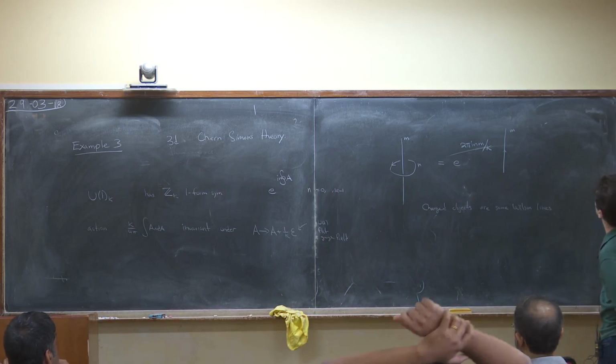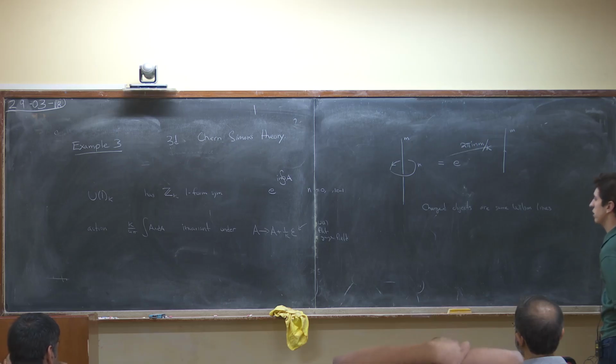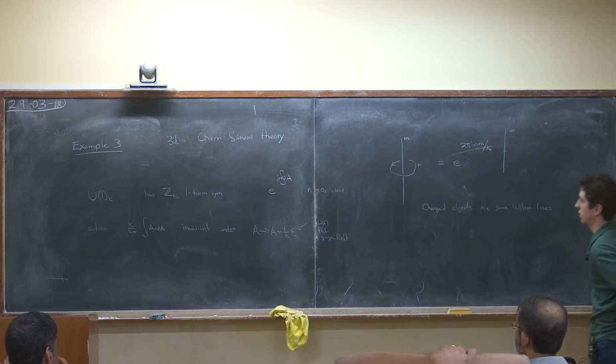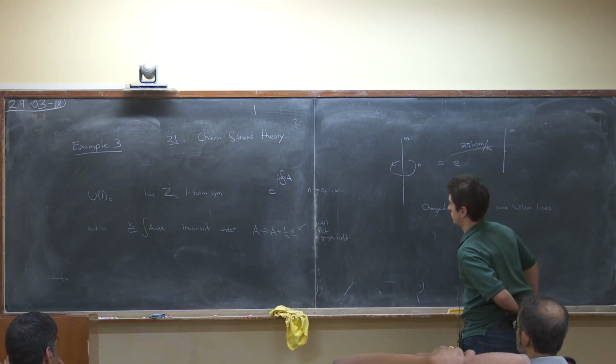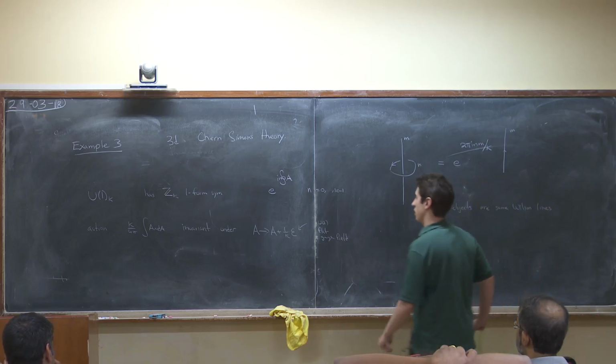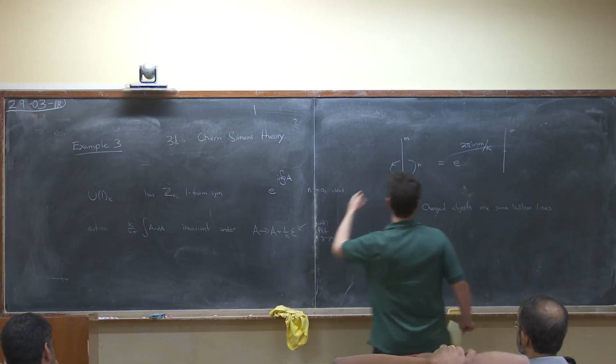Right. I mean, I want this shift to generate holonomy in A, which is Poincare dual to where I put the symmetry defect. So if this is a flat connection, we can go back to this picture.